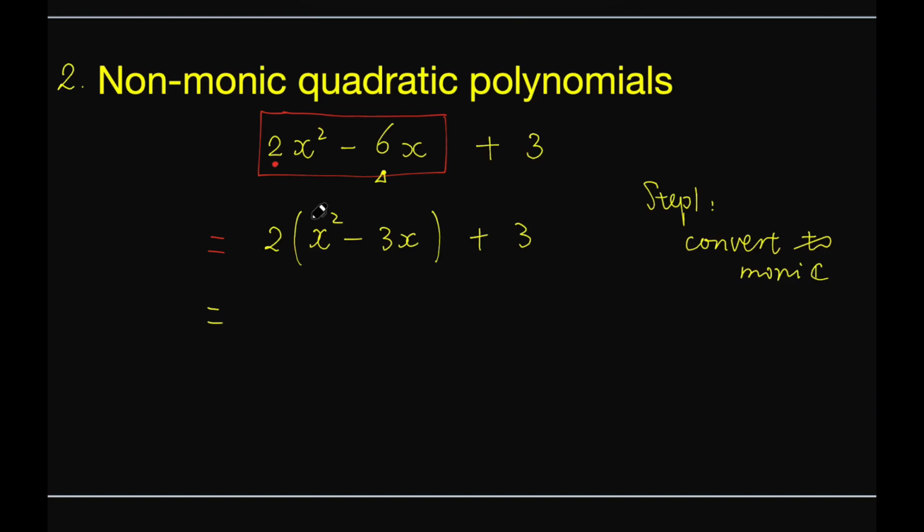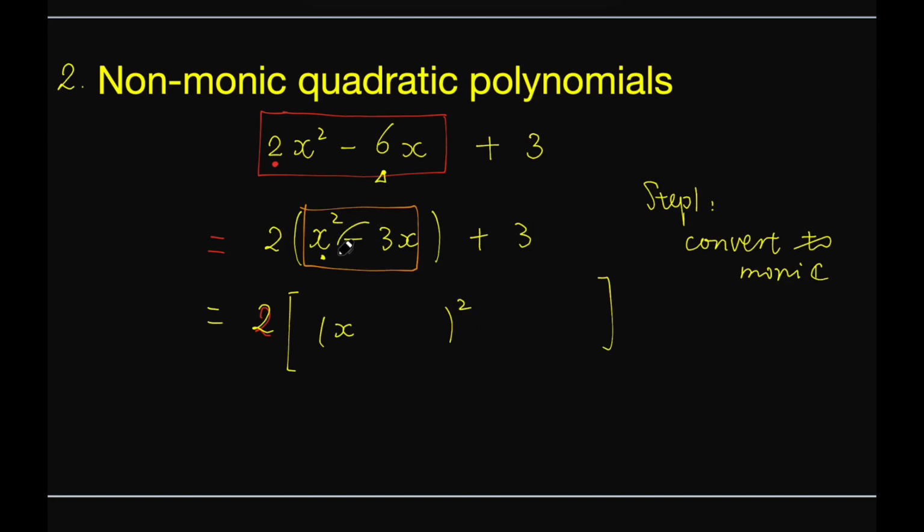Now we focus on the two terms in the brackets. It is monic now, and we are going to complete the square by using the previous step. It means the things in the brackets we are going to separate in this way. x squared will be separated into x in the brackets and squared outside brackets.